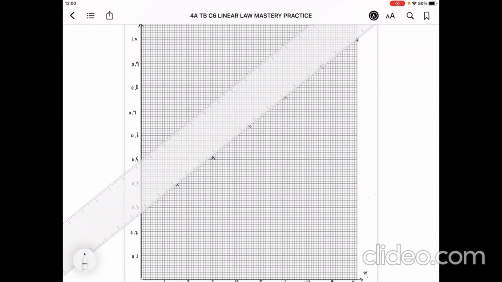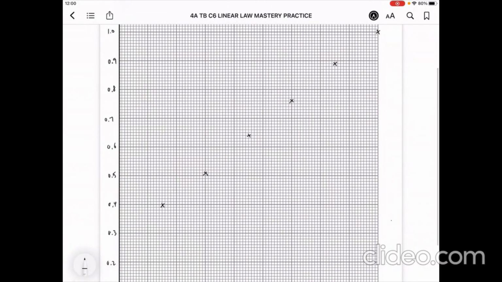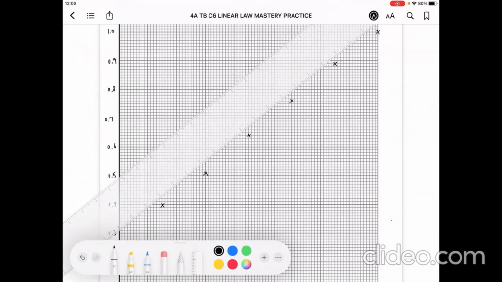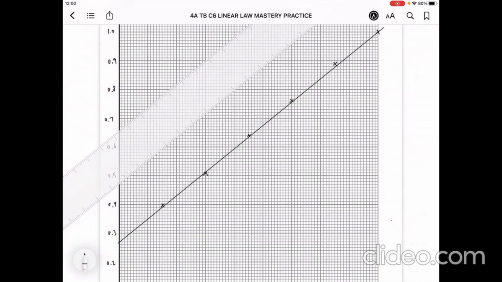Yeah, I can't zoom any closer, that's the thing. Okay, let's draw. Okay, look at that. It's quite nice, yeah. Okay, maybe one or 2 points a bit off. The second last one is a bit off, but it's okay.